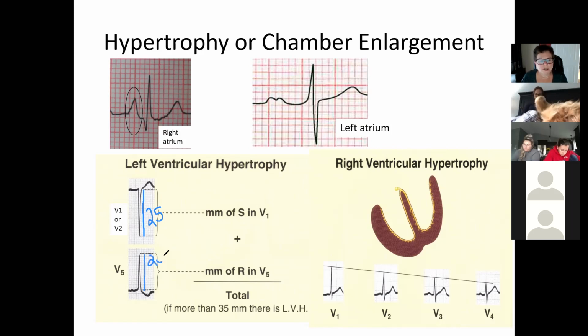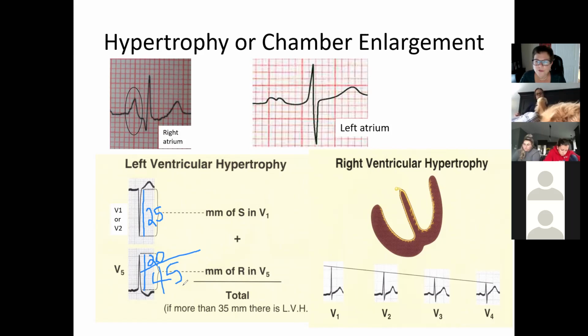In a patient who is 35 years of age and older, which this is an adult exam, if the voltage, when you add the 2 of these up, and so in this guy, I get 45, if it's greater than 35 millimeters, then he meets voltage criteria for left ventricular hypertrophy.